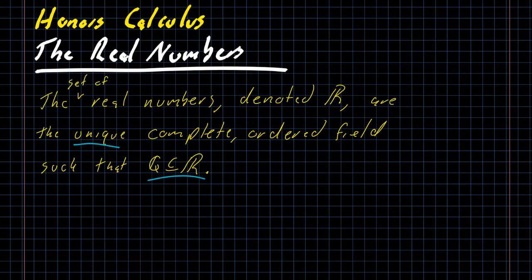So the interesting points here are complete, ordered field. Today, I'm going to talk about what it means to be a field and what it means for a field to be ordered. And it turns out that just having an ordered field is enough for a lot of what we want to do with the real numbers.